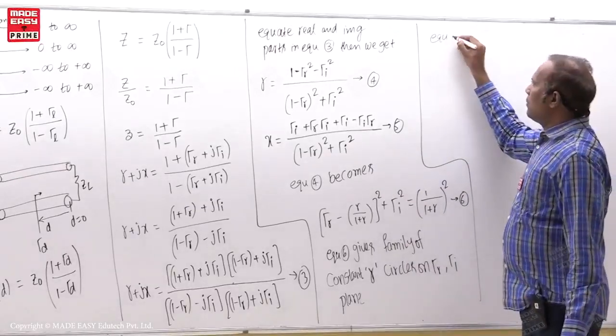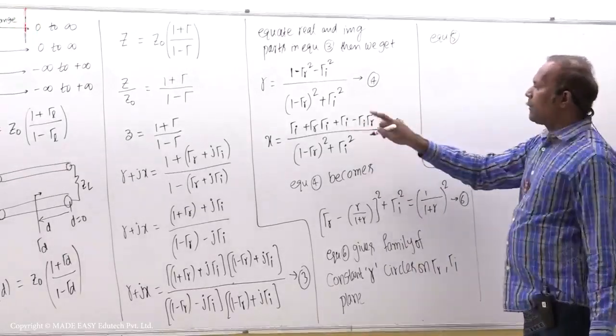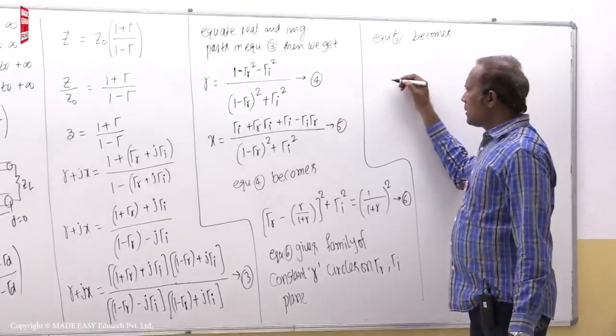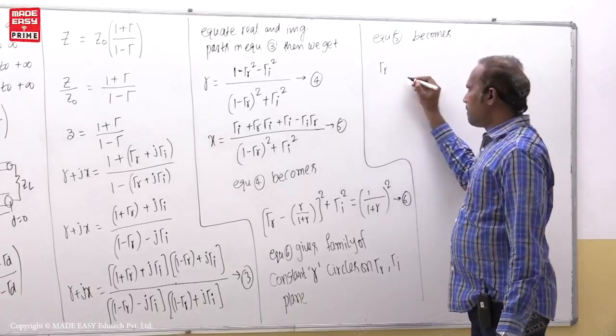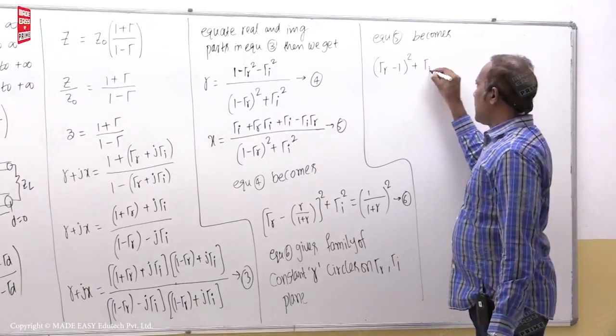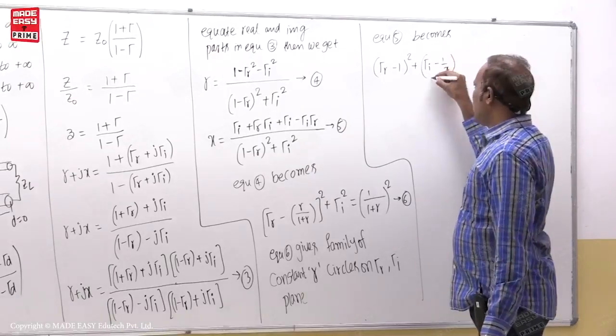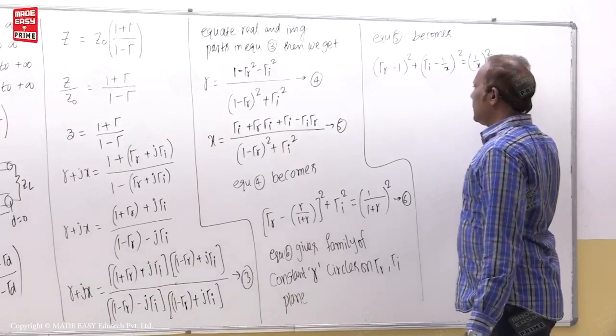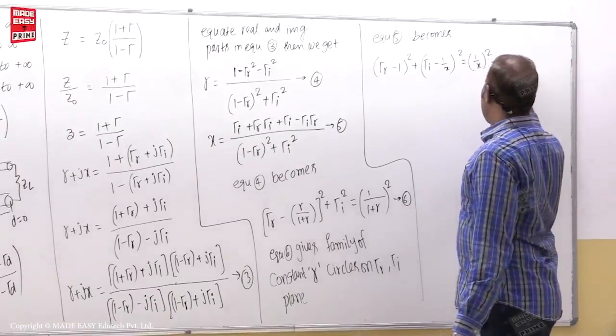So students, equation 5, if you do mathematics cross multiply, equation 5 becomes gamma R minus 1 whole square plus gamma I minus 1 by x whole square is equal to 1 by x whole square you get. So this one equation 7.